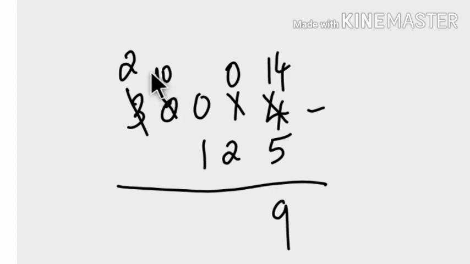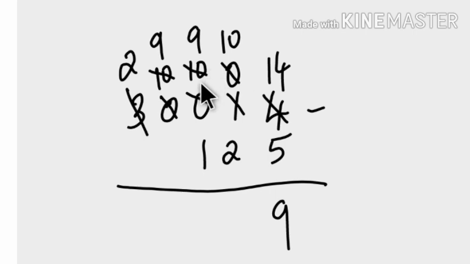Now take 1 from this 10, it becomes 9, and this 0 becomes 10. Combine this 1 and 0, it becomes 10. Now take 1 from this 10, it becomes 9, and combine this 1 and 0, it's 10.